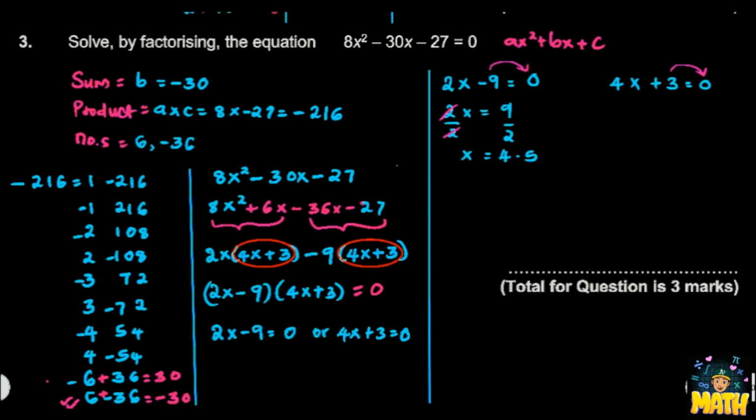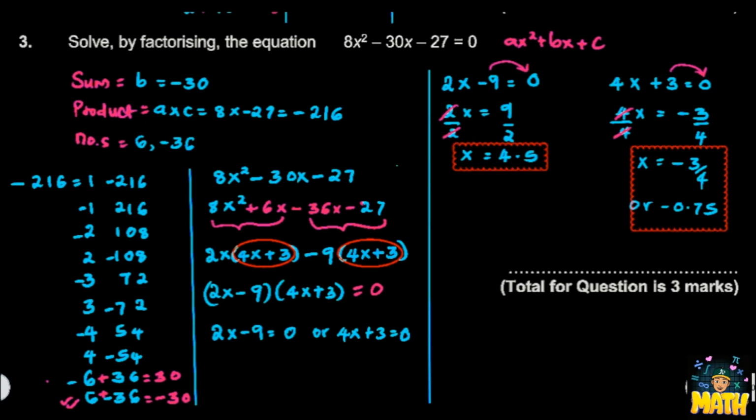So I'll write 4x equals negative 3, then divide both sides by 4 to remain with x equals negative 3 over 4, or x equals negative 0.75. So the two solutions we have are 4.5 and negative 0.75 or negative 3 over 4.